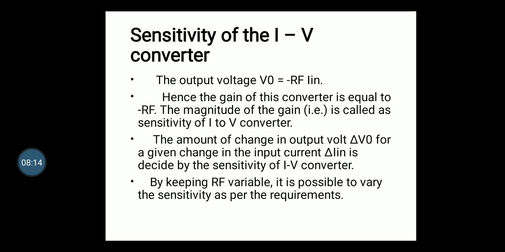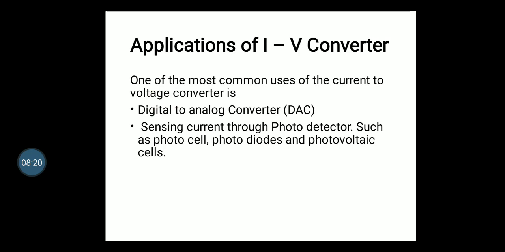By keeping RF variable, it is possible to vary the sensitivity as per the requirement. Applications of the I to V converter include digital to analog converters and sensing current through photodetectors such as photocells, photodiodes and photovoltaic cells.